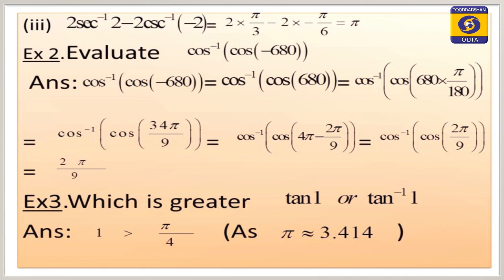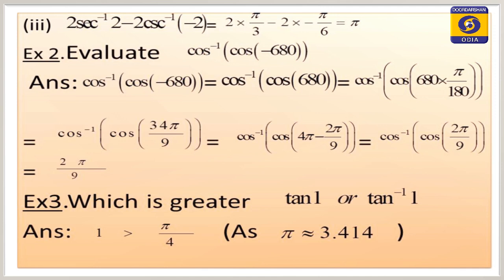So cos of minus 680 is the same as cos 680, because you know cos of minus theta is cos theta. Now convert that 680 to radian form, that is 680 into pi by 180. Now it reduces to cos inverse cos of 680 into pi by 180, that is 34 pi by 9.